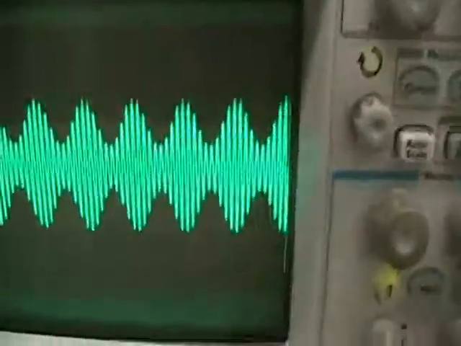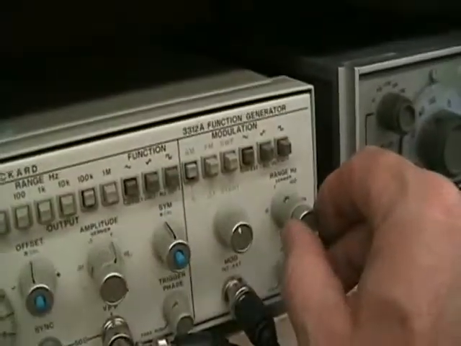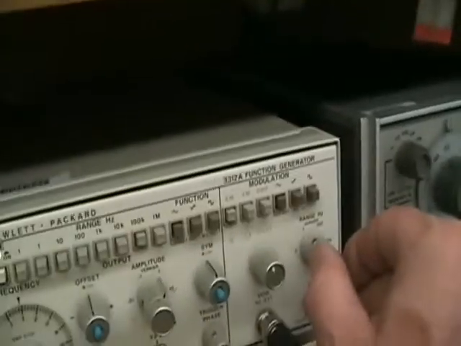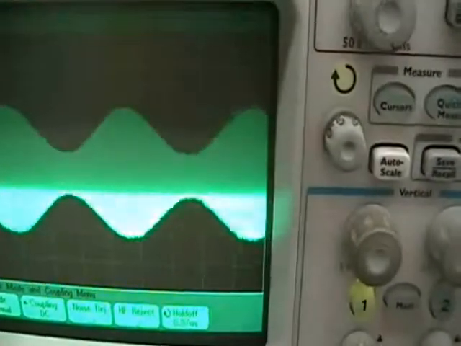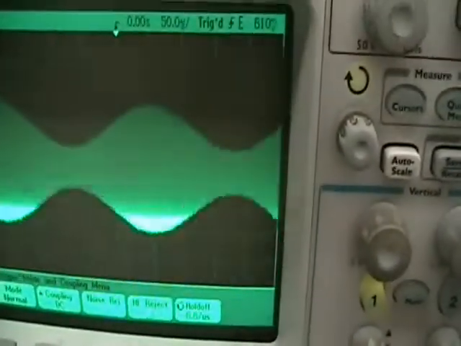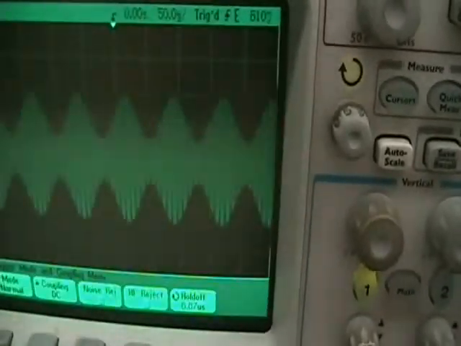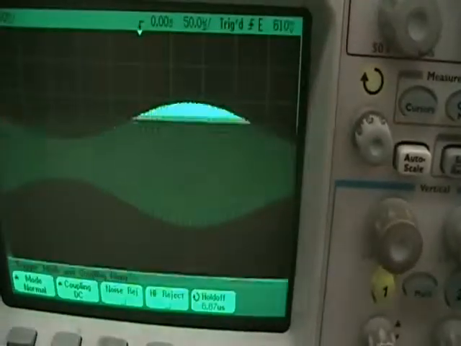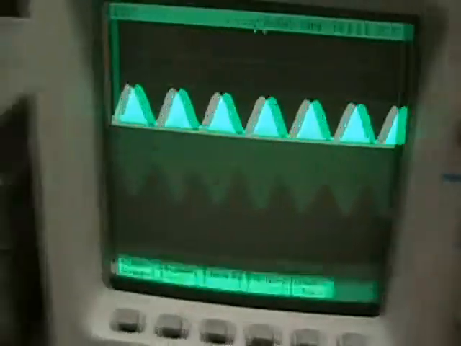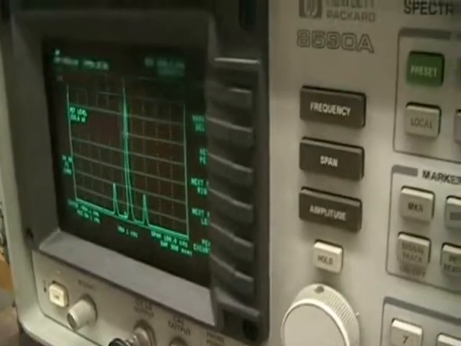If I change the modulation frequency, which is controlled here, I'll lower it down. I change the envelope or the outside part of the waveform. Higher frequency of modulation, lower frequency of modulation. Higher frequency, we will see the difference on the spectrum analyzer.